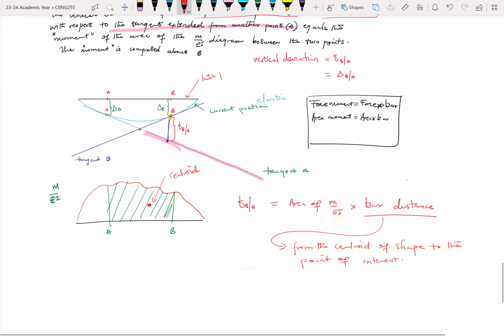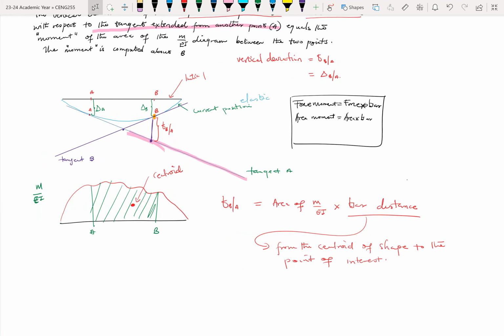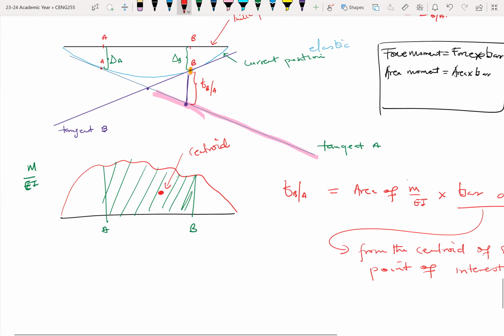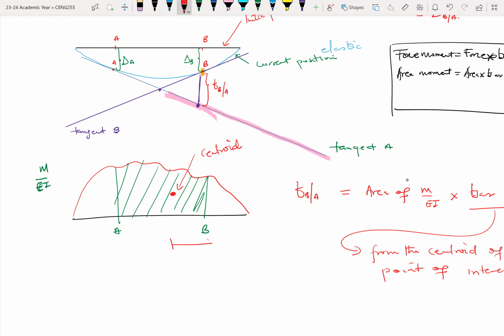So here, because we are looking at the vertical deviation under B, B becomes our point of interest. So we need to find the moment about B. So we need to know this distance here.